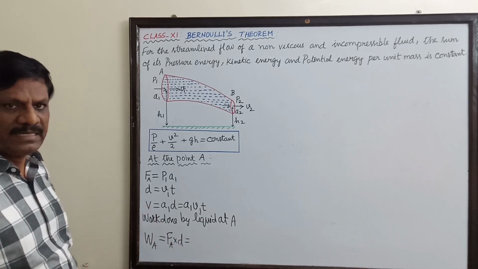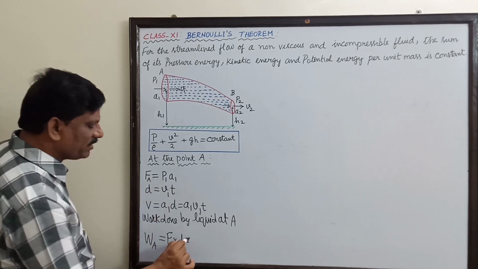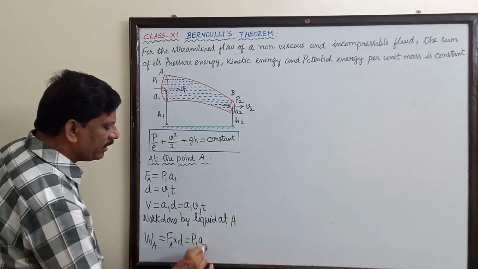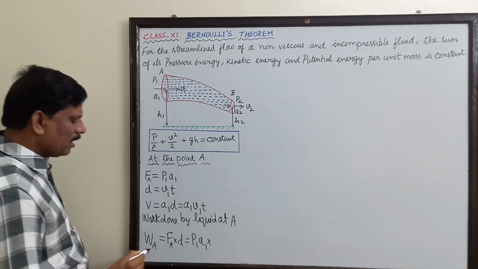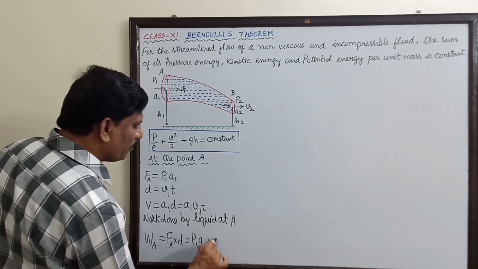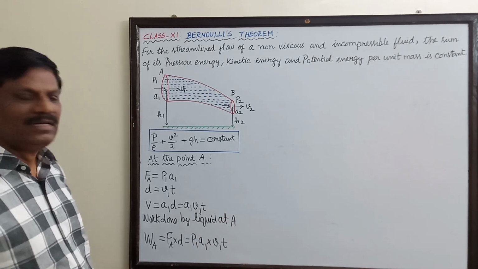Force into distance is equal to work done, is it not? So instead of the force FA, I will substitute P1 into A1. So this is P1 into A1 into the distance. Distance is what? V1 into t. So V1 into t.